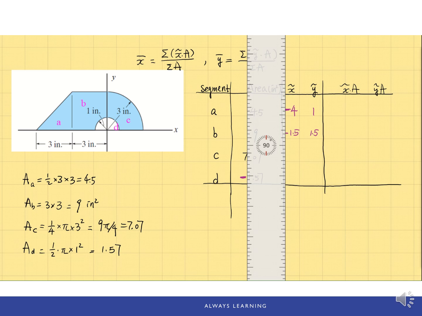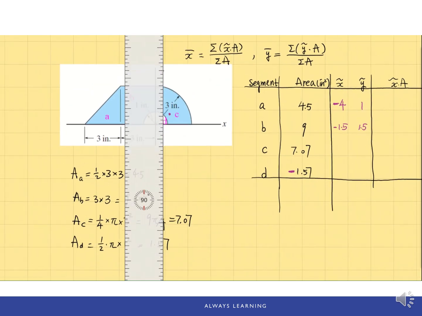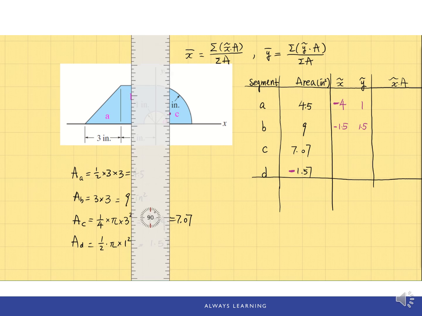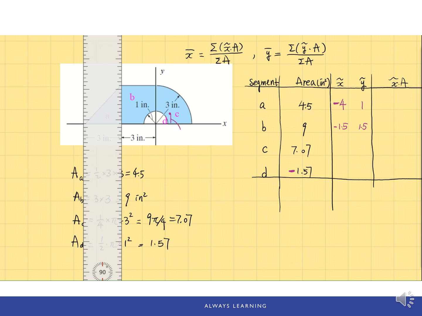Segment C, for a quarter circle, the centroid is located at 4r over 3 pi distance from each side. So let me draw that distance first, and that's the centroid location. And the distance to the x-axis is 4r over 3 pi.